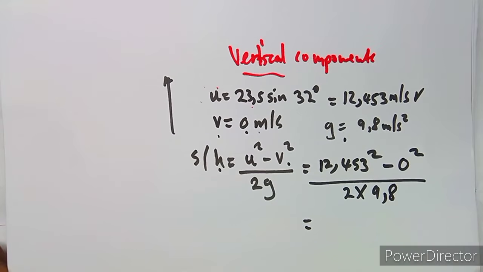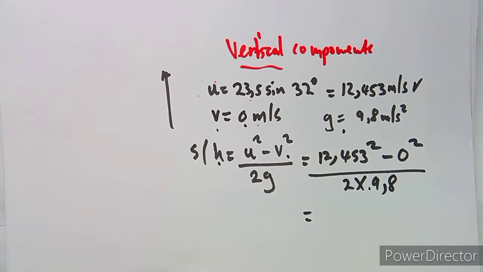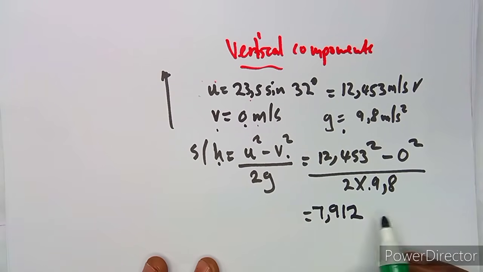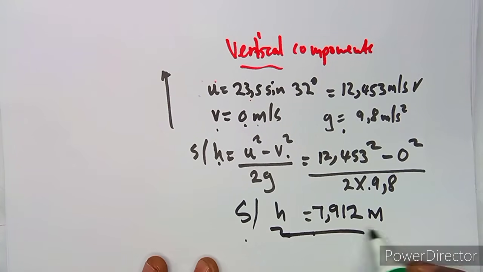If you transpose the other way, you're going to divide with a negative, but this one, there's no need of using a negative because already you neutralized it. This is going to give you a decimal again, of 7.91210, which is 2 because that one cannot change. And this is going to be in meters. So this is our height, or s, depending on the way you're going to write it, which is in meters there.